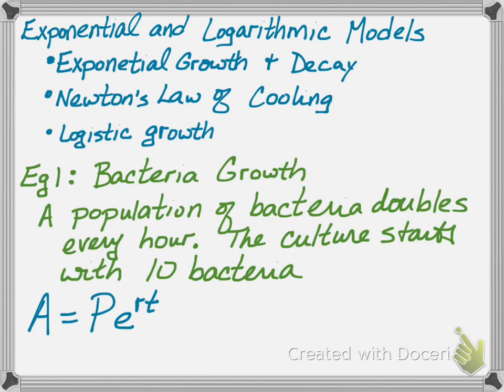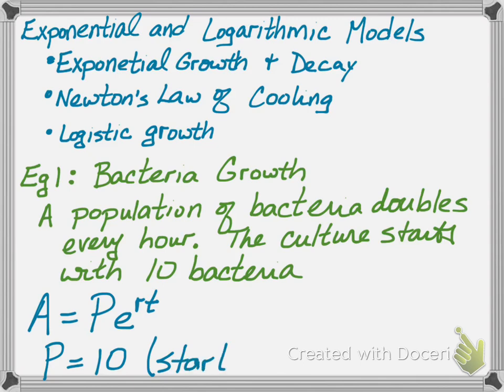In general, exponential growth can be shown by the equation A equals P e to the rt. A is the amount of bacteria at time t. P is the starting population. r is going to be our growth rate, and we'll see what that looks like in just a second, and t is the time.